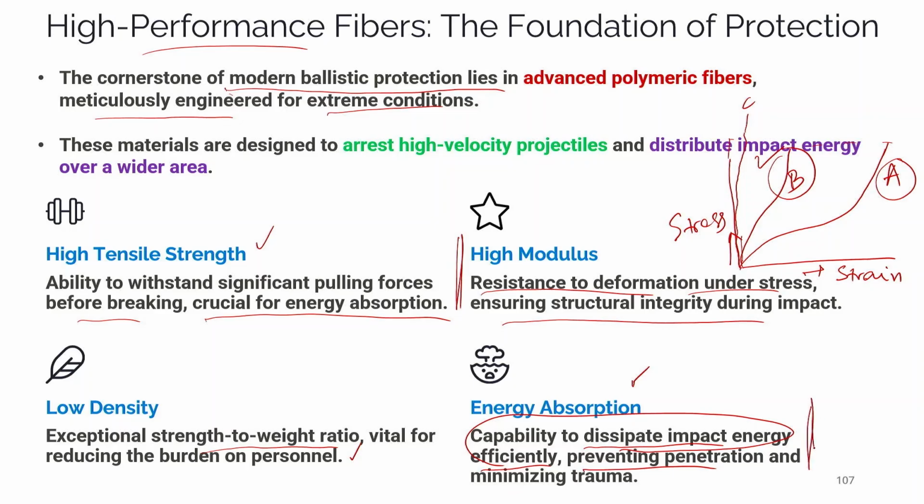So, that is the basic idea of energy absorption. So, high performance fibers with high tensile strength, high modulus, low density and high energy absorption are the critical requirement for ballistic protection.